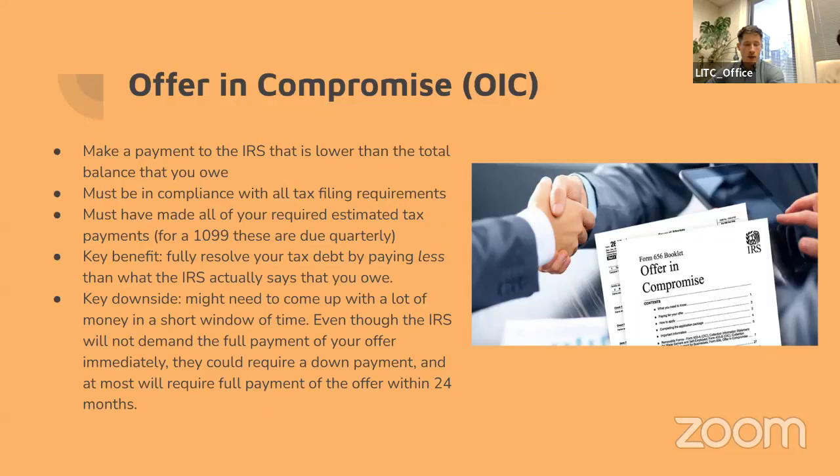And while it does allow you to pay less than what you owe the IRS, that calculation is not based on what you think that you can offer them, but based on your financial circumstances. So there are calculations that look at your assets, your income, and your expenses, and it will spit out a number that the IRS thinks that you can pay them.